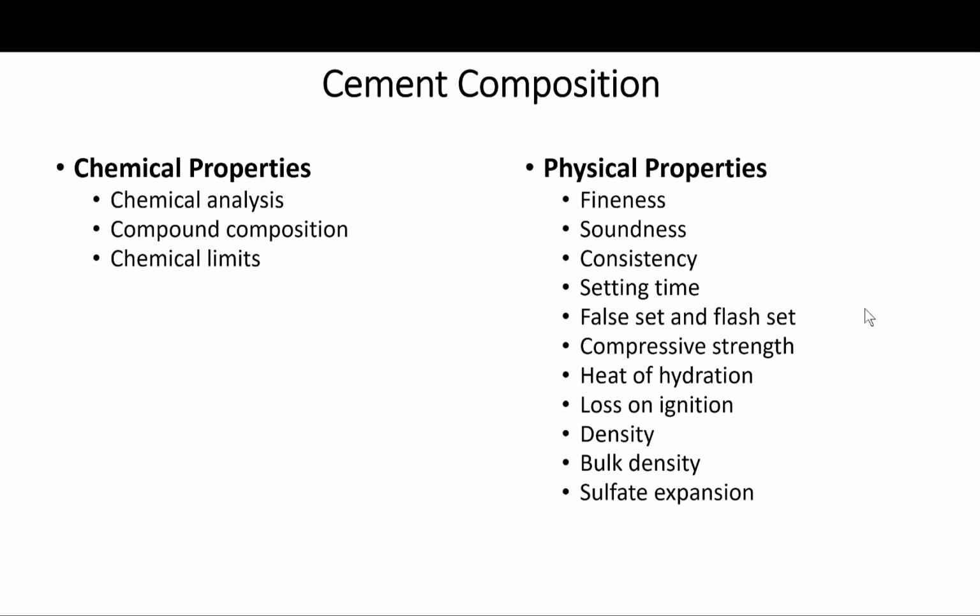For the composition, the intent is to know the compound, the phase compositions, based upon which we will predict the behavior of the cement. Also knowing the overall chemical analysis and setting certain chemical limits based on the required behavior. Okay?